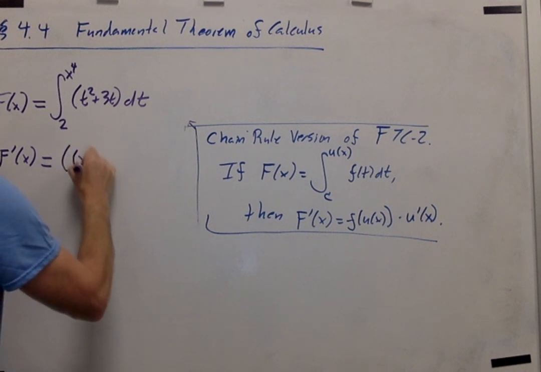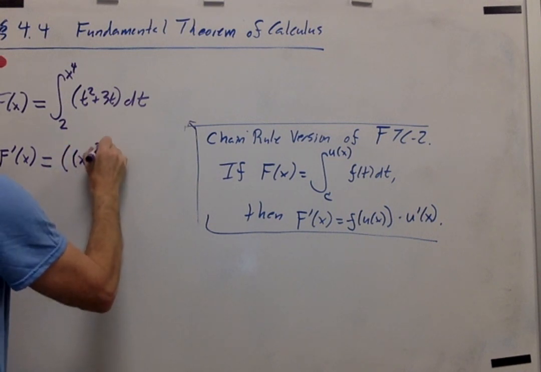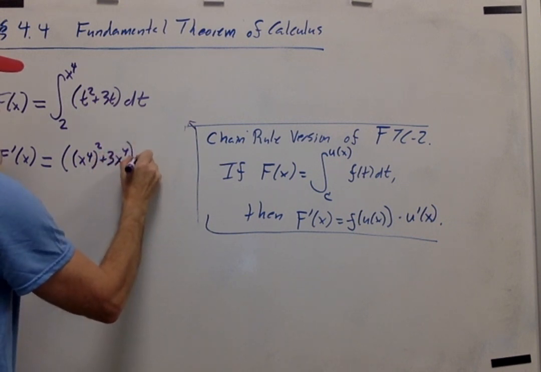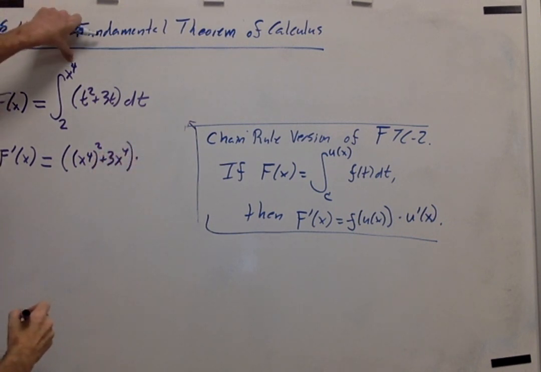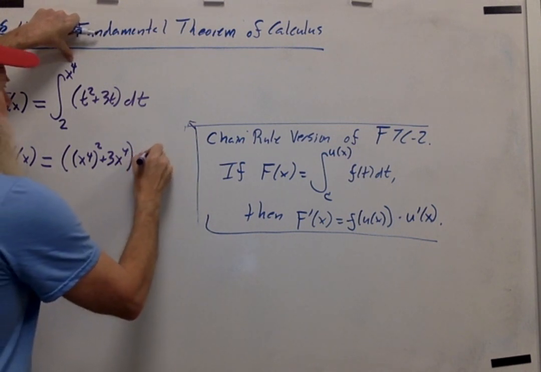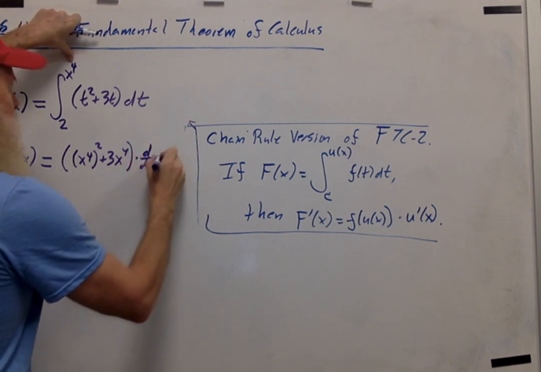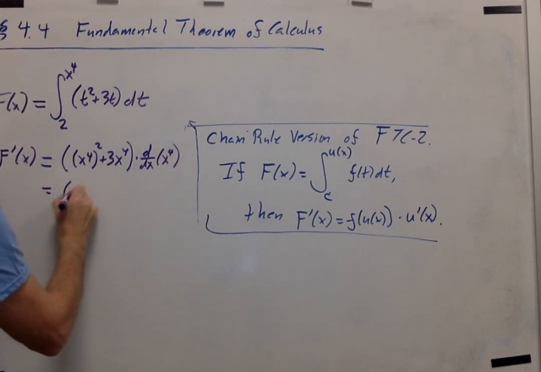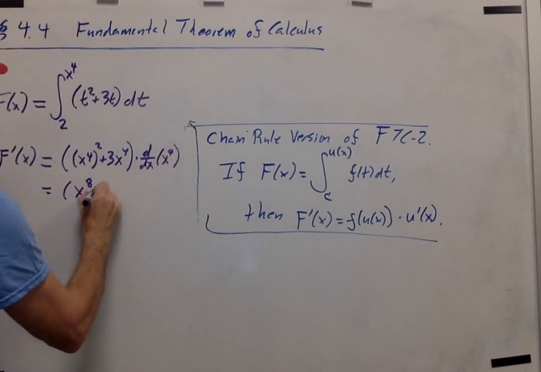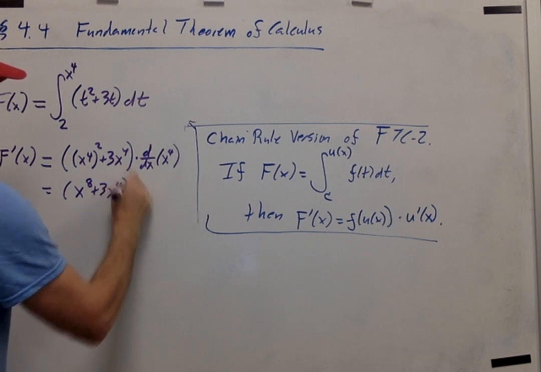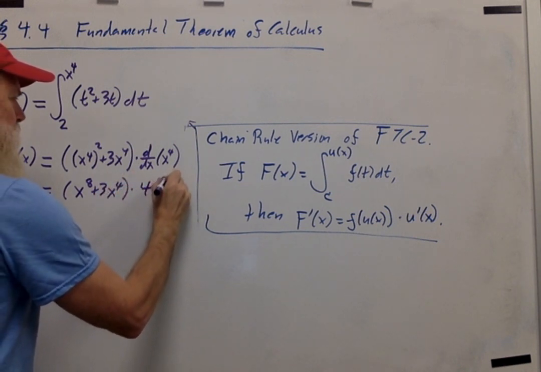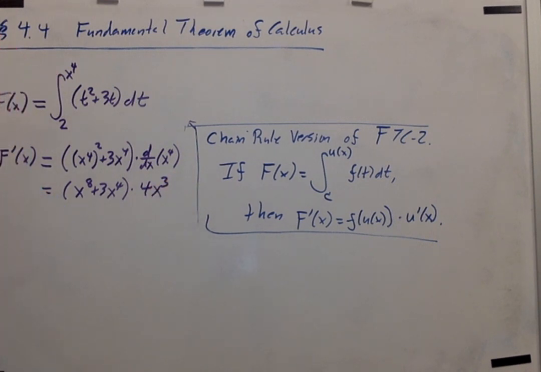So it'll be x to the fourth squared plus 3x to the fourth. And then you multiply by the derivative of the upper bound. So that will give me x to the 8th plus 3x to the 4th multiplied by 4x cubed.